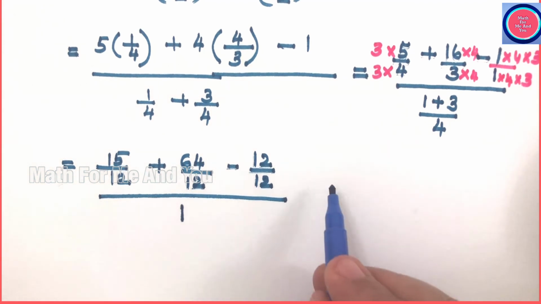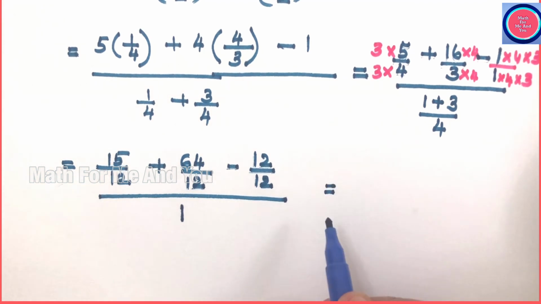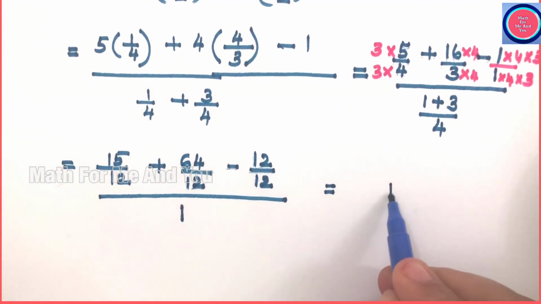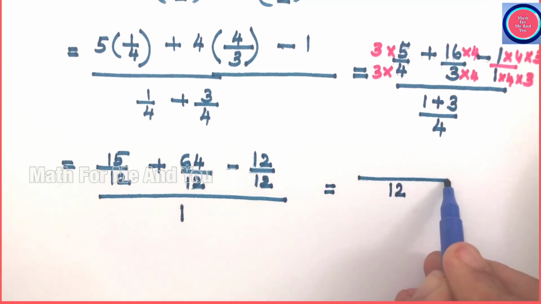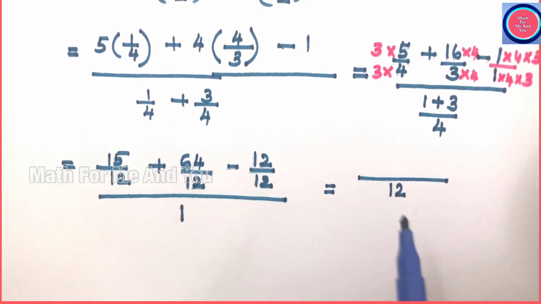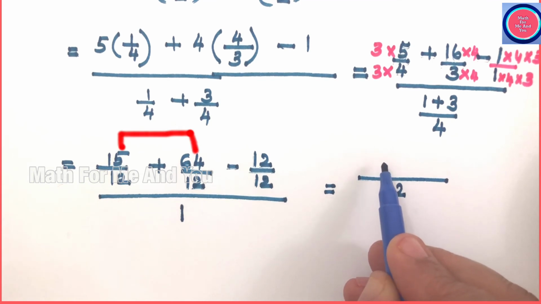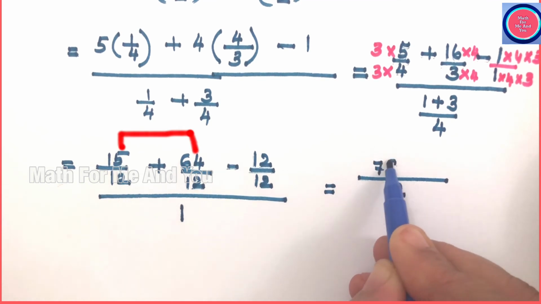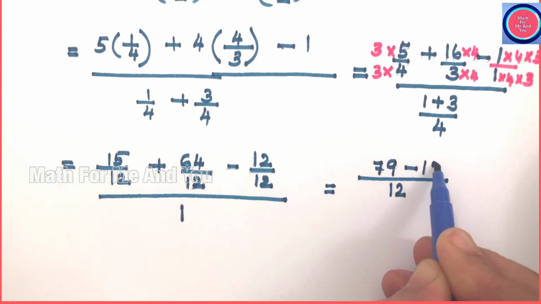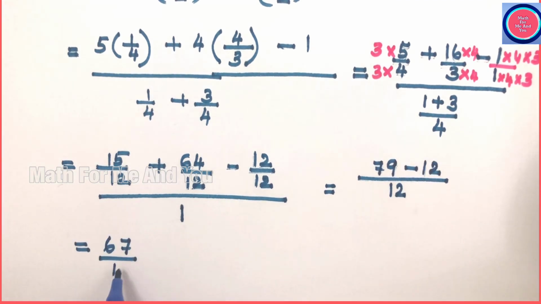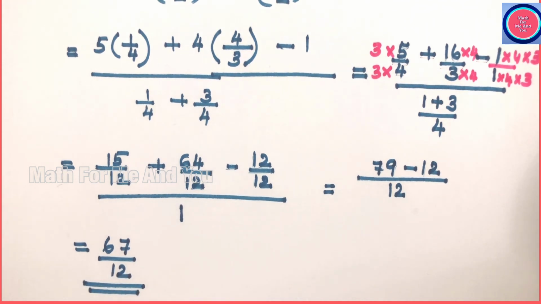Numerator divided by 1, anything divided by 1 is the same. So we get here the same 15/12 plus 64/12 minus 12/12. That means 12 is the common denominator and we can write 15 plus 64, it is 79, minus 12. Next step, what is 79 minus 12? It is 67, divided by 12.